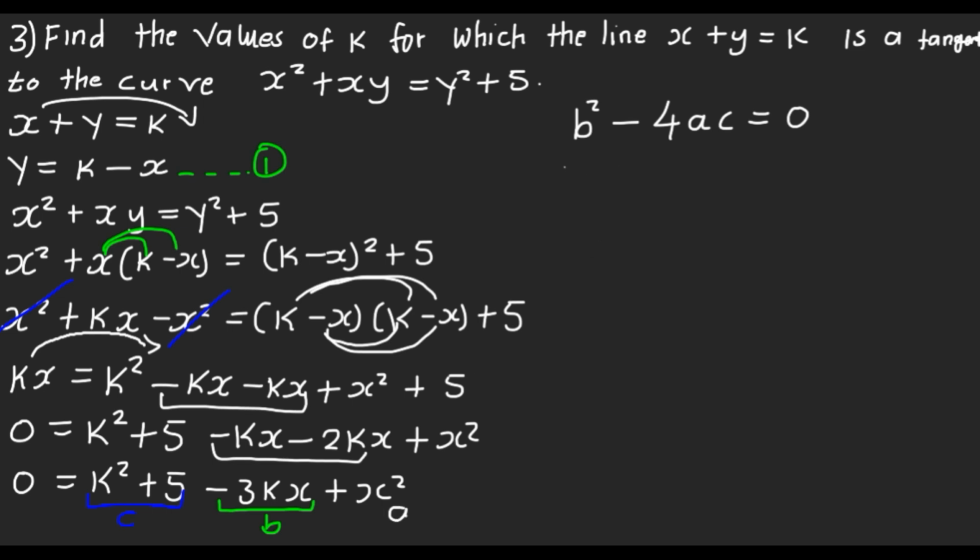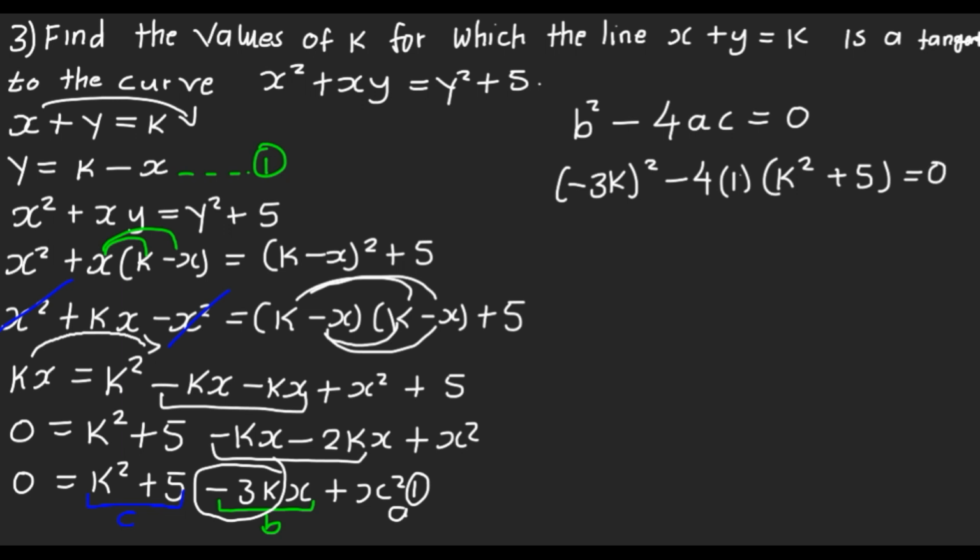So let's do that. What's our b? Our b is this value here, which is negative 3k, squared, minus, what's our a? A is the number in front of x squared, which is 1. What's our c? C is k squared plus 5. Then it must be equal to 0.